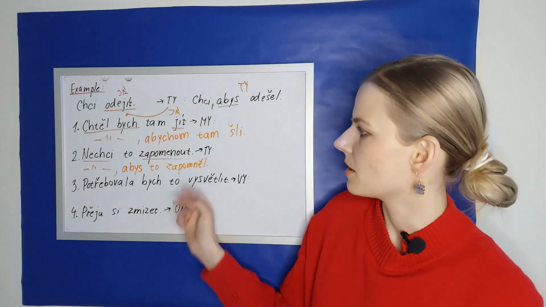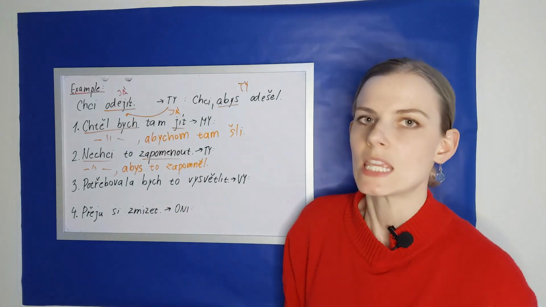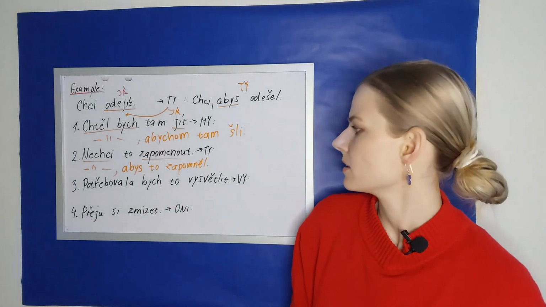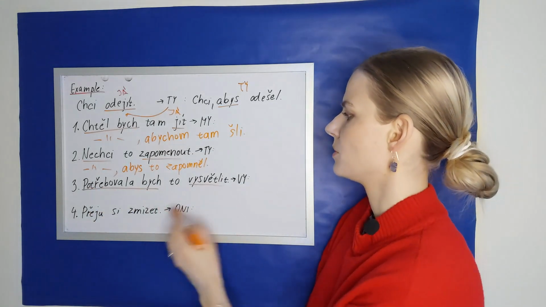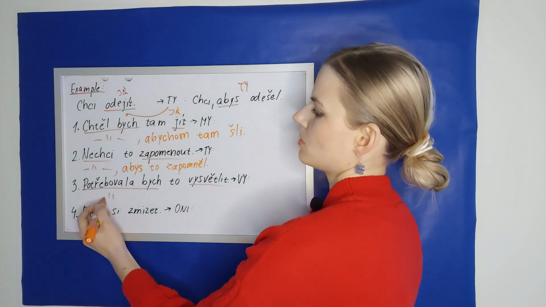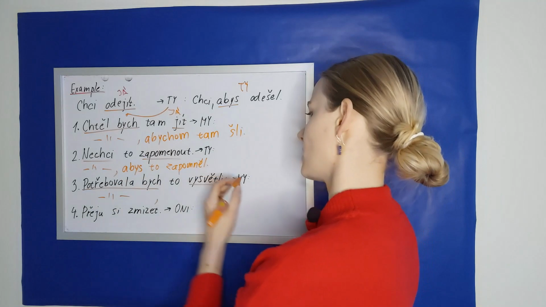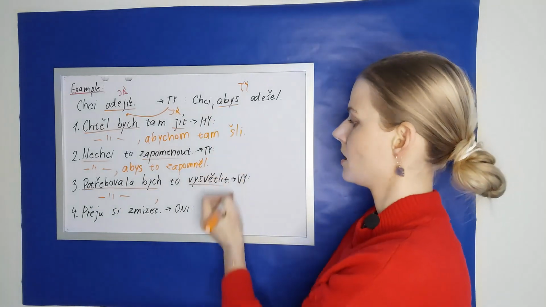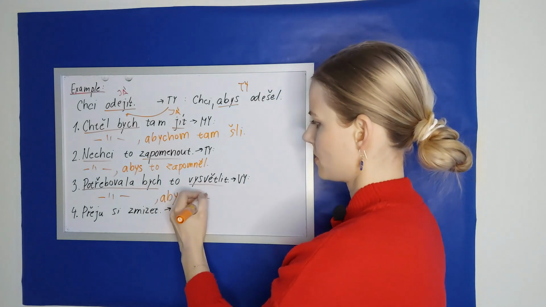Nechci, abys to zapomněl. Potřebovala bych to vysvětlit. I would need to explain it. And I want to say, I would need you to explain it to me. This part will be the same. Then we have a comma after bych. And vy would take abyste. To is in the same place.